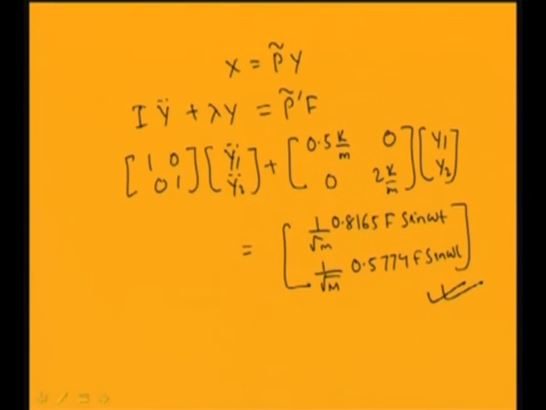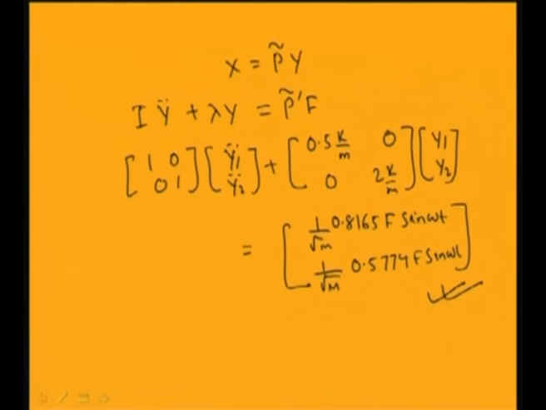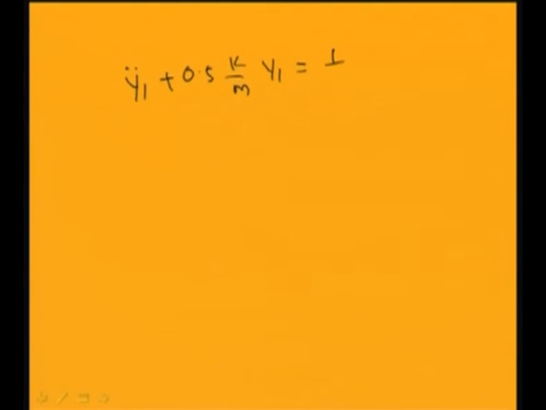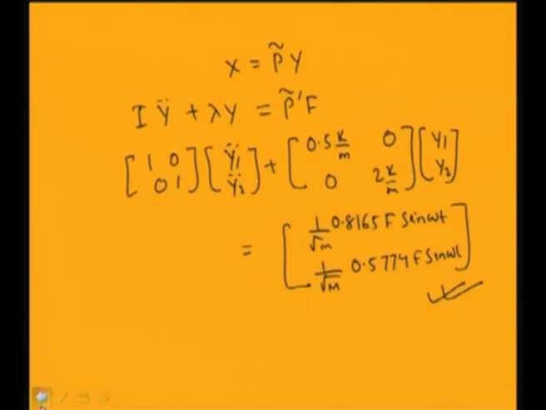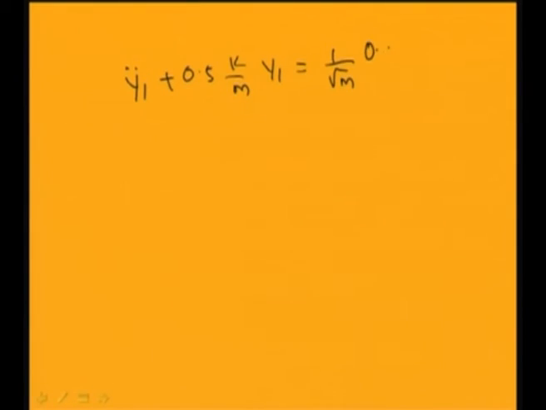The first equation is y1 double dot plus 0.5 k by m y1 equal to 1 by root m into 0.8165 F sin omega t.